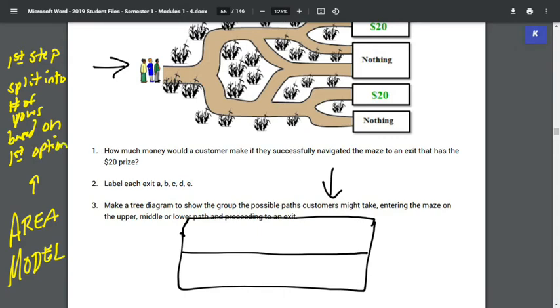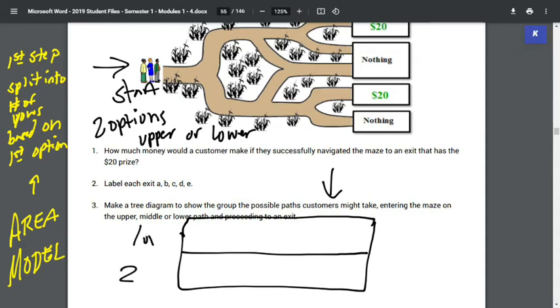So when I start right here, I have 2 options. I can take the upper, or I can take the lower. So because there's 2 options, I'm going to split it across where I got 1 right here and 2 right here. This one's going to represent the upper, this one's going to represent the lower.